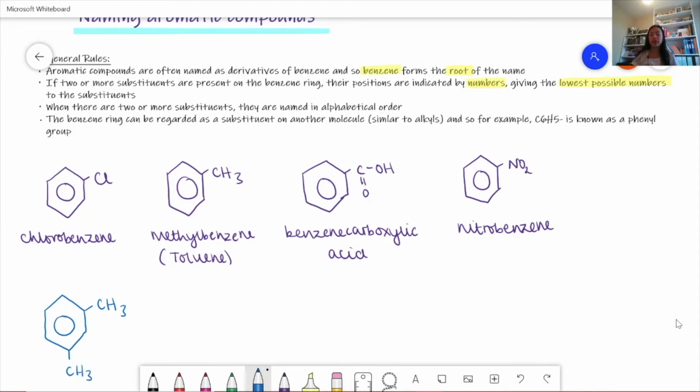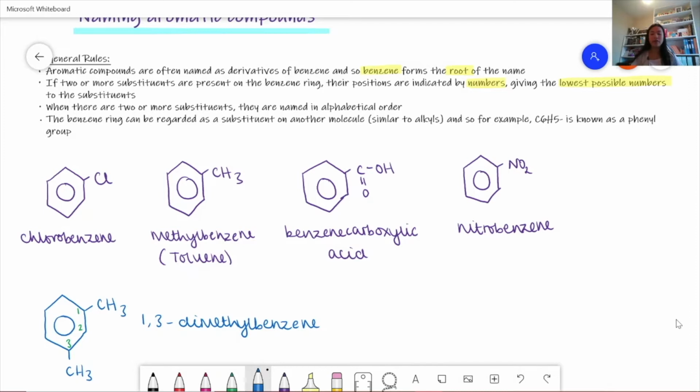What we would do is first number them, and we can see that the smallest possible numbers for these two substituent groups would be 1 and 3, because we would have carbon number 1 here, and then 2, and then 3, because any other numbers that you give them will be higher than 1 and 3. And so what we have here is 1,3-dimethylbenzene. So it's very similar to when we were labeling substituents for alkanes and alkenes.